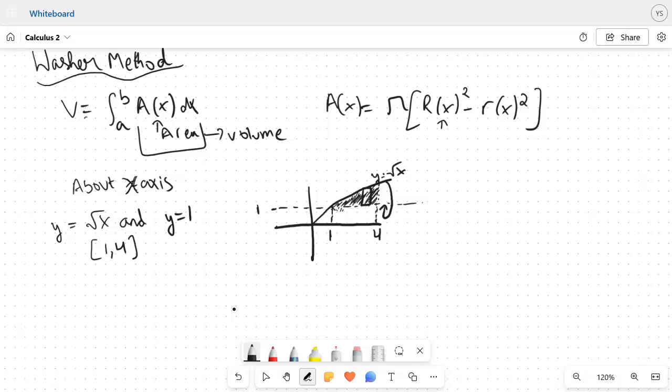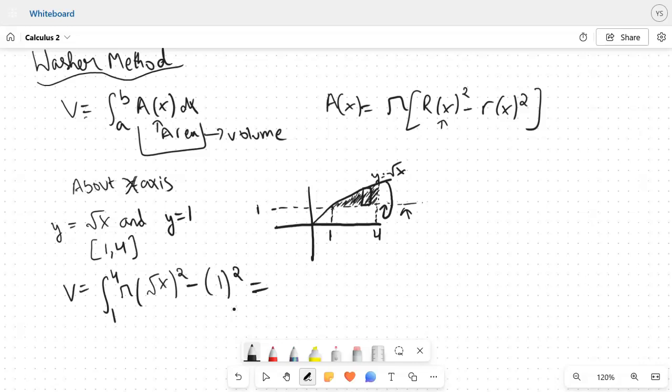Now let's try solving this using the formula. So the volume is going to be the integral from the endpoints 1 to 4 of pi times the outer function. In this case, the outer function is going to be square root of x squared minus the inner function, y equals 1, so minus 1 squared.